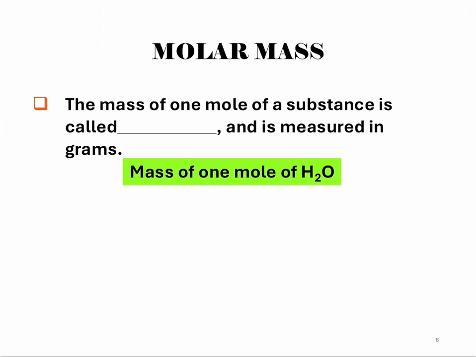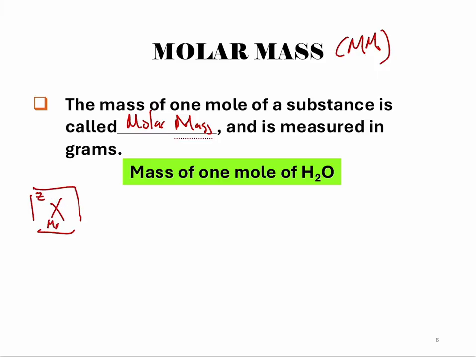All right, so we call this the molar mass, and I usually abbreviate it just as MM. And the molar mass is given to us by the periodic table, right? So if we have our periodic table, we have our element, our atomic number, and the molar mass is given right below it.